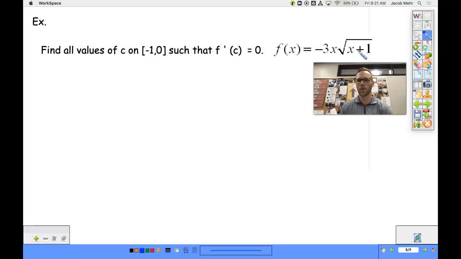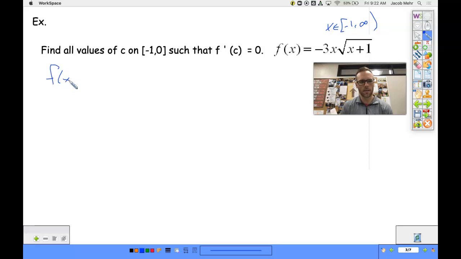Okay, if we think about the domain on this one, our domain is -1 to infinity. Okay. We know square root functions are continuous and differentiable on their domain except for at that endpoint. They're also differentiable there, so we're good.